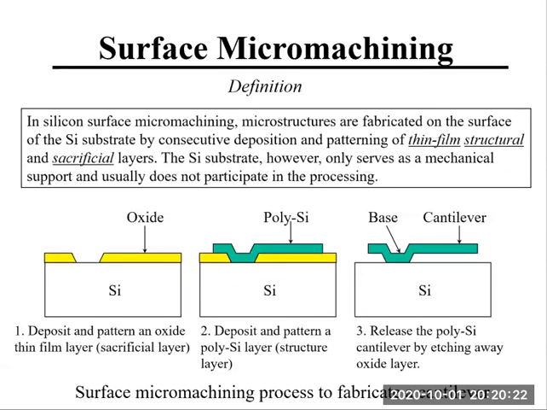Chapter 6, right, surface micromachining. We studied bulk micromachining in chapter 4 and chapter 5. Okay, so now let's study surface micromachining.